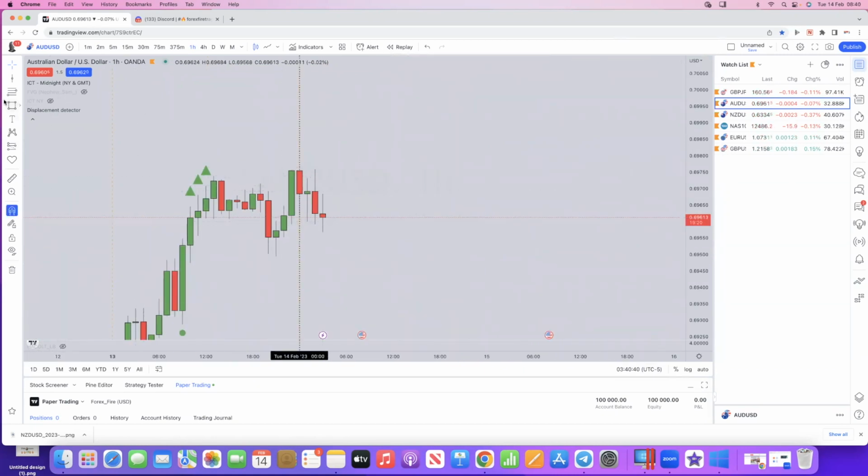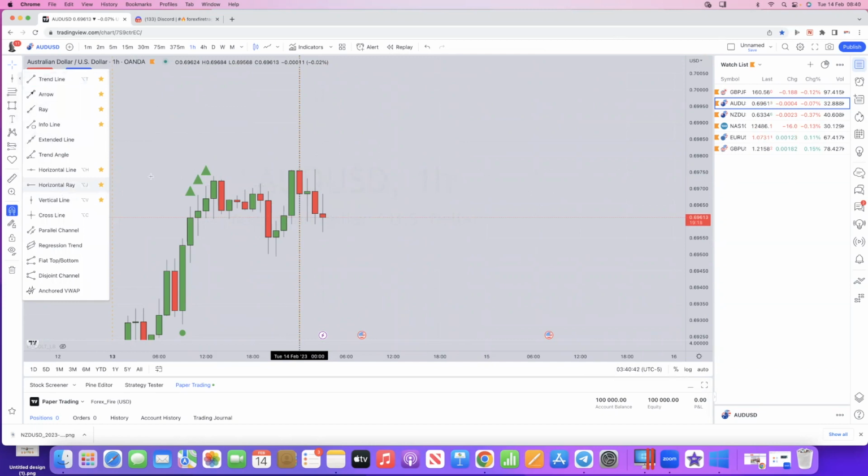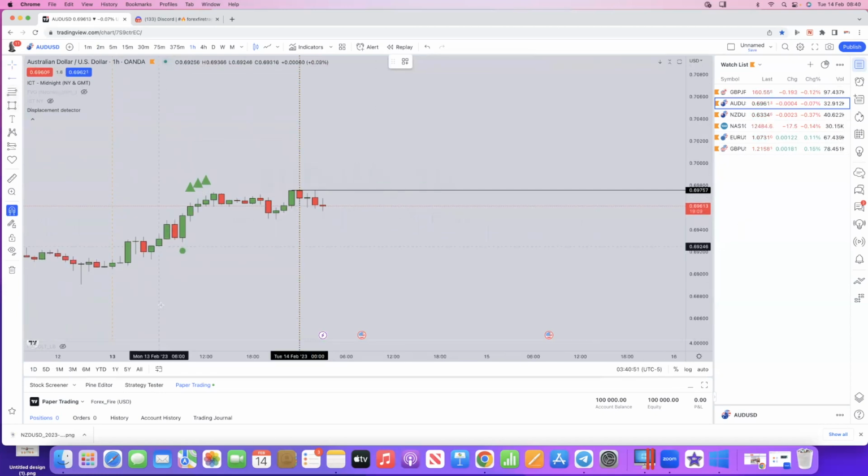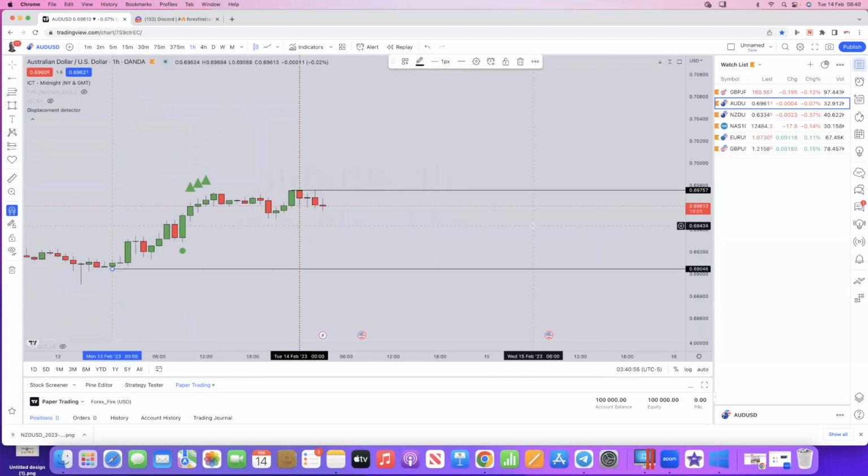Okay, we'll get the magnet on, and we'll go for the previous daily high, which is right up on there. Previous daily low, which again was the midnight open on here. So we take the magnet off. Let's get our alarms on.